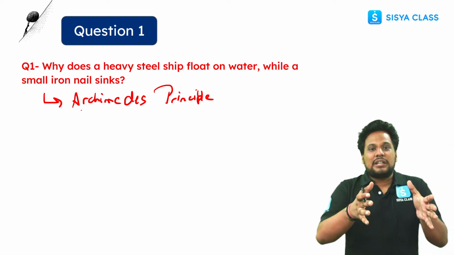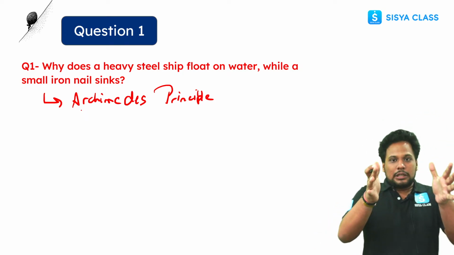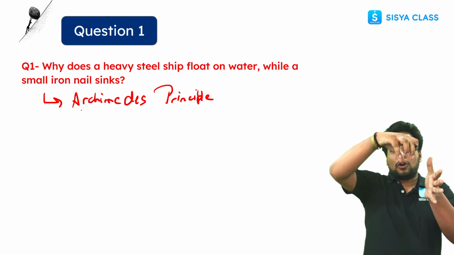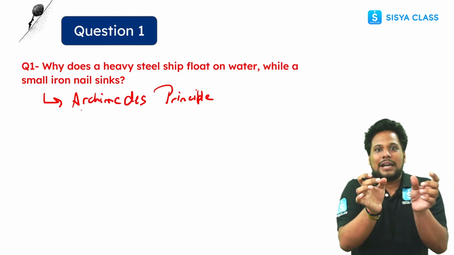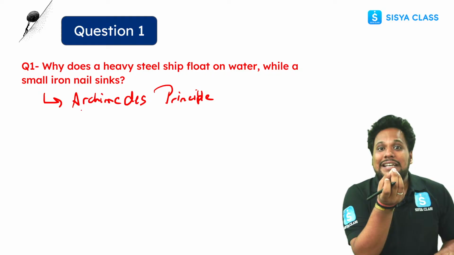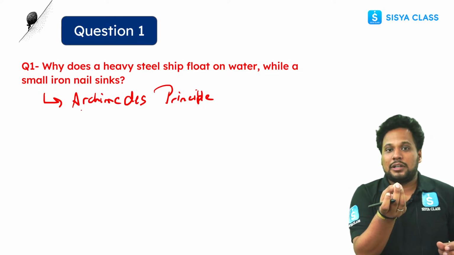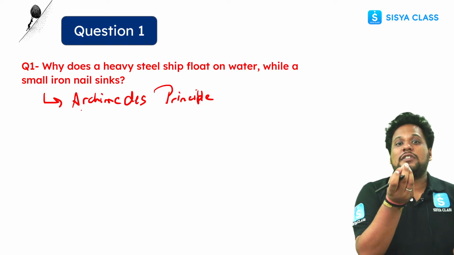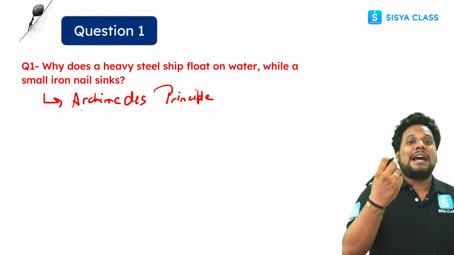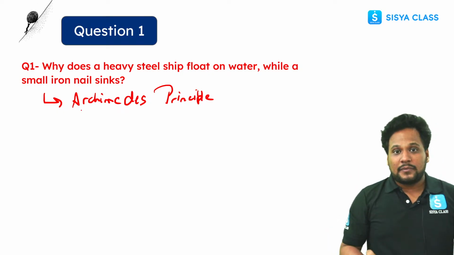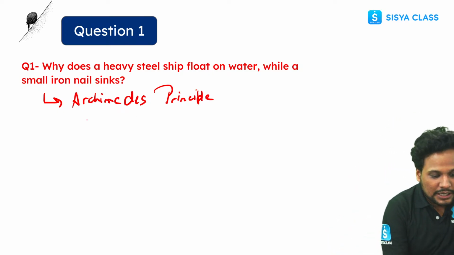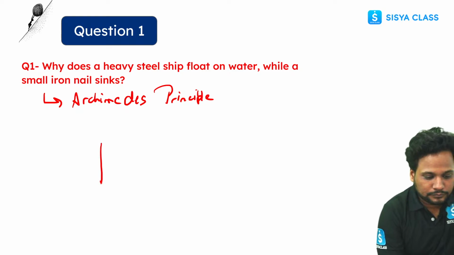If you are taking an object and let's suppose this is a liquid, and if you place the object on the liquid, it will displace some liquid, right? It is going to displace some liquid, and if you take the weight of that displaced liquid, if that weight of displaced liquid is more than the buoyant force, it is going to sink. Did you understand this?